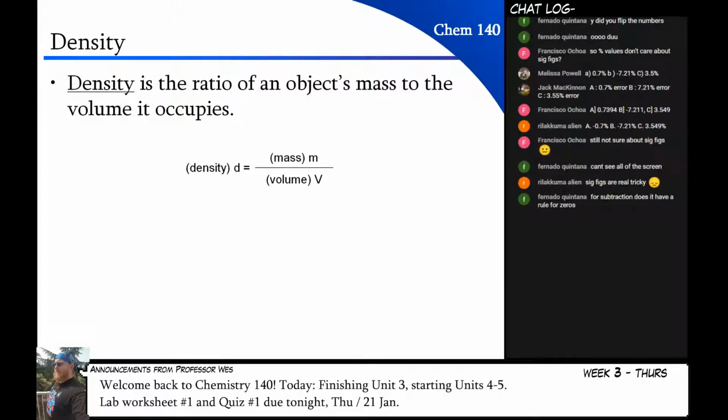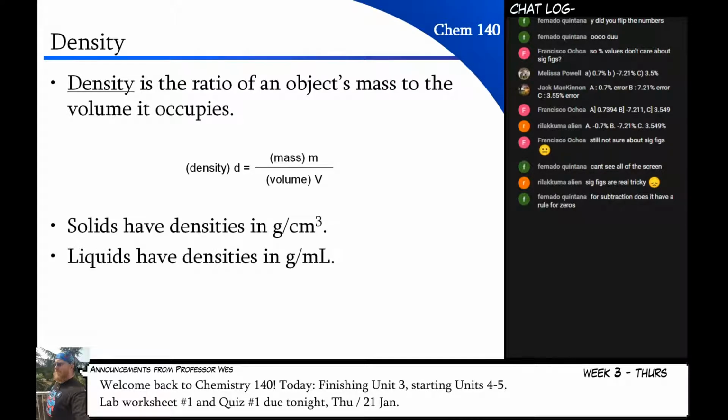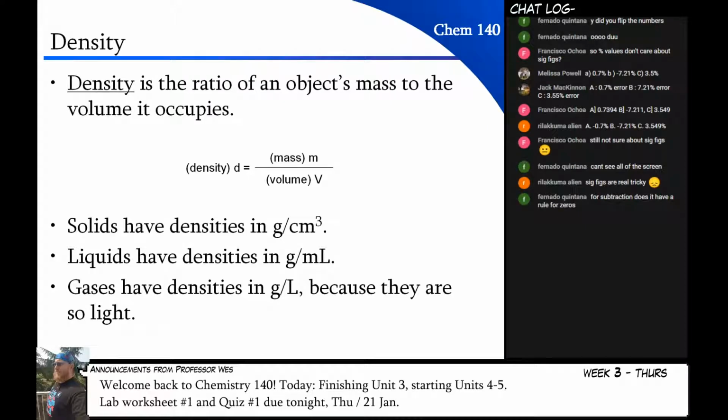Depending on the phase of the matter you're examining, the mass is going to always be in grams, but the volume may be in liters or milliliters or whatever. And so we have differentiated phases into different units as shown here.